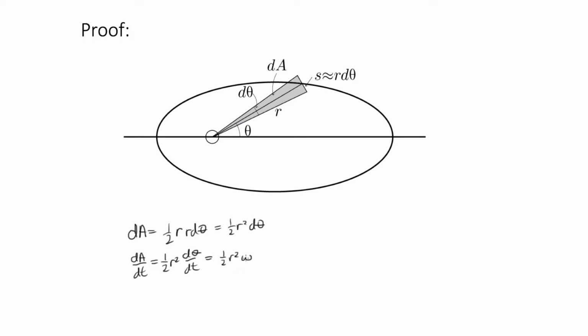Now, r squared omega should vaguely remind you of moments of inertia. We've got that the total angular momentum is given by I omega, and the angular momentum is conserved.